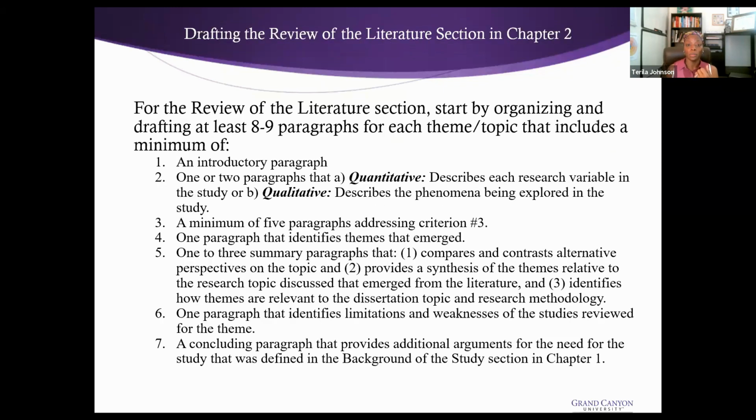Okay, so we're here. So I just gave you a strategy to get down a good draft review of the literature. You started with the rubric criteria in mind. You're revising with the rubric criteria in mind. What I have my students do, and it works very well, let me come here.